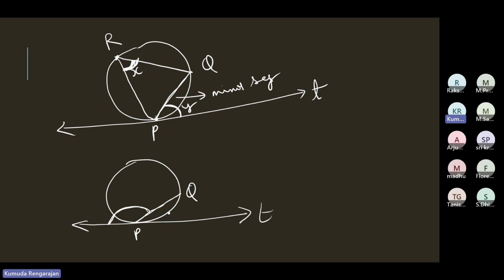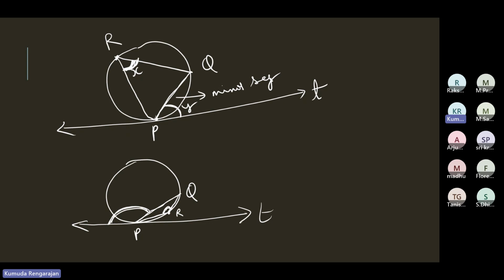So take a point R on the circumference of the minor arc, or the minor segment. This is the minor segment. Join. I told you how to identify the angle subtended by a line segment. So PQ is a line segment, and this is the angle subtended by the line segment or the chord PQ at the point R. So this angle is equal to this angle.